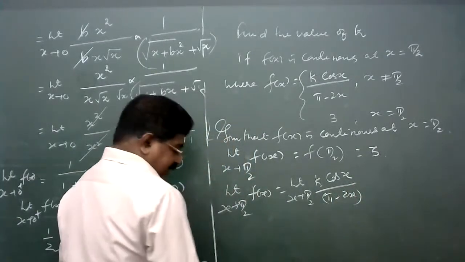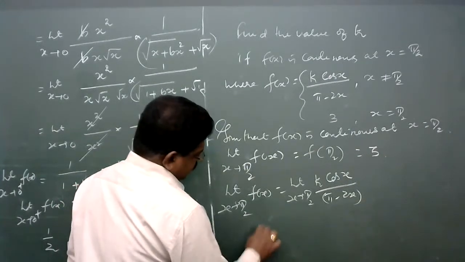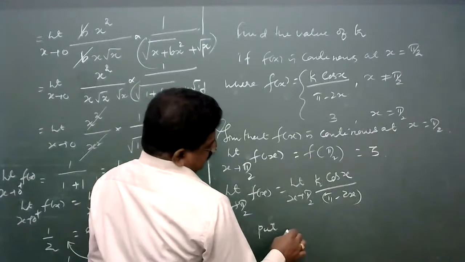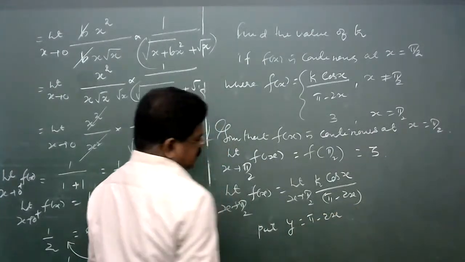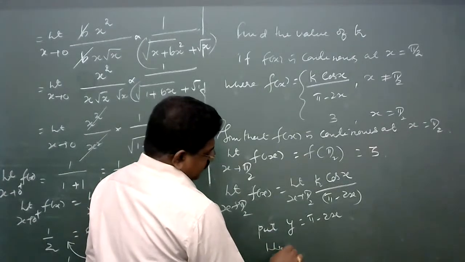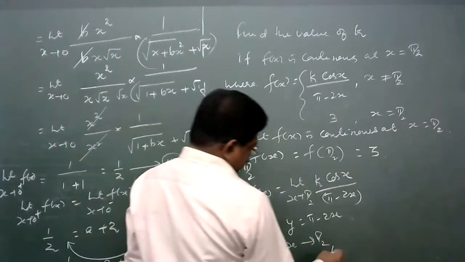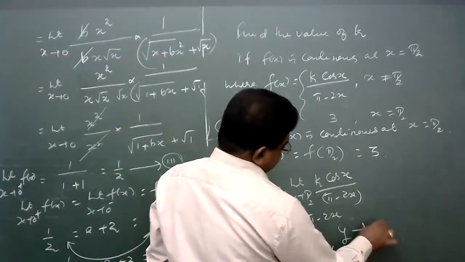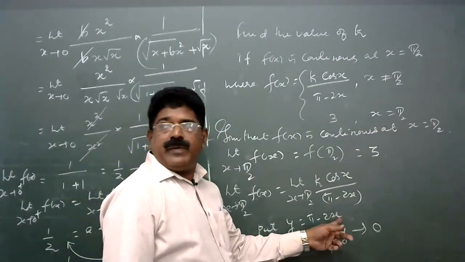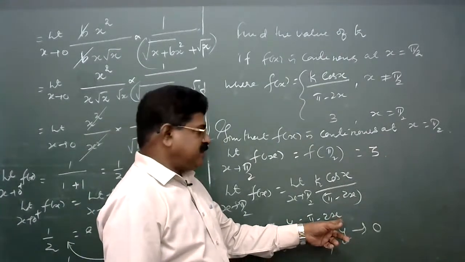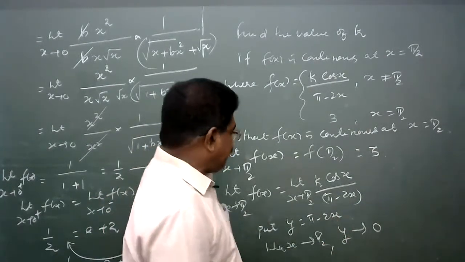So here change the limit. Put y is equal to pi minus 2x. When x tends to pi by 2, y tends to 0. How? Pi minus 2 into pi by 2, that is pi minus pi, which is equal to 0. So y tends to 0.